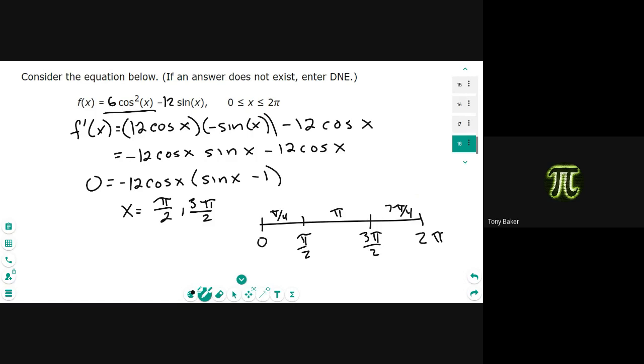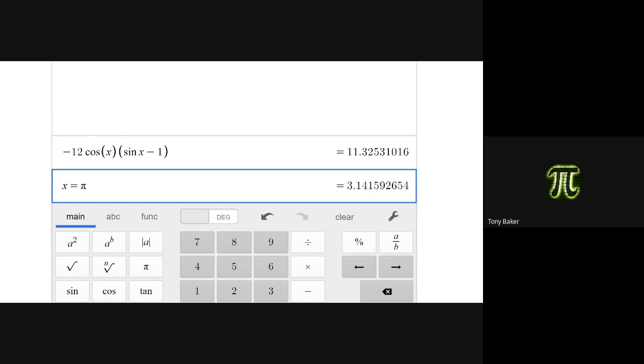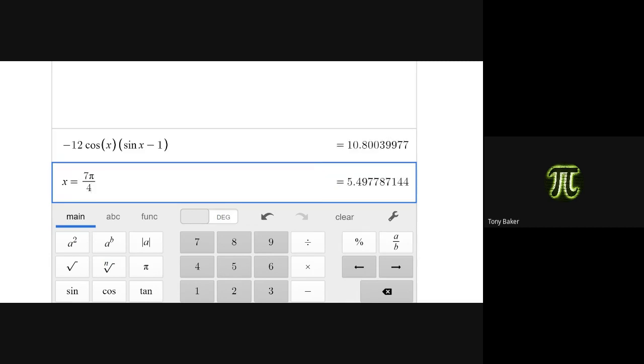Negative 12 squared. I really can't type today. Hold on.